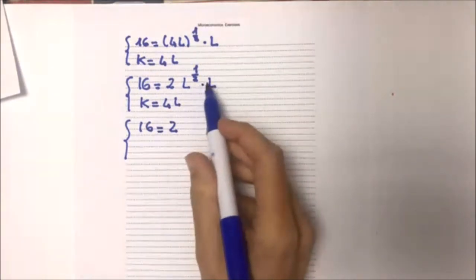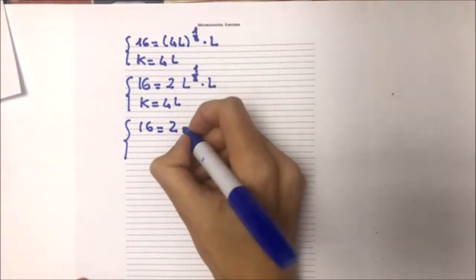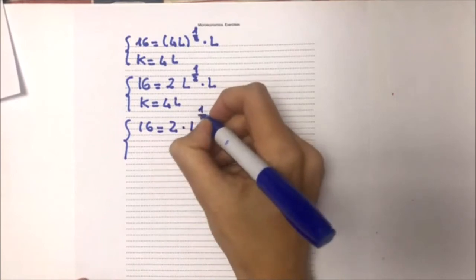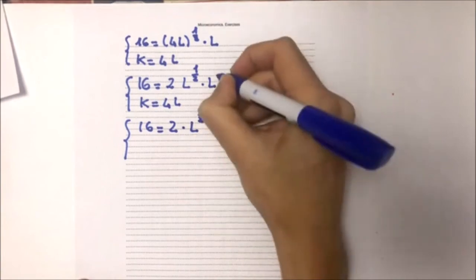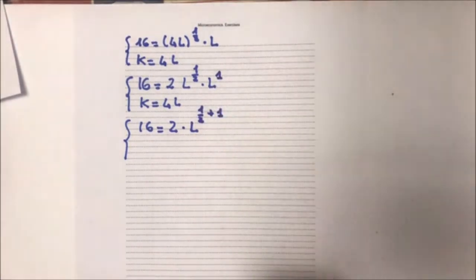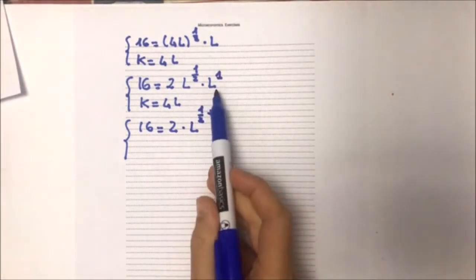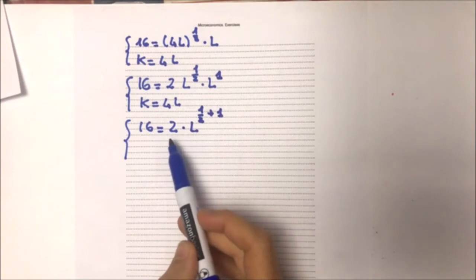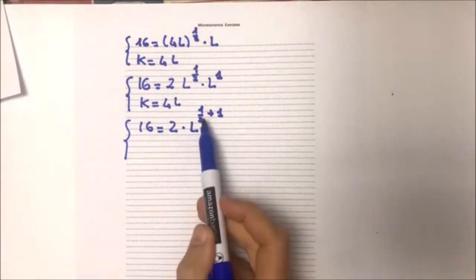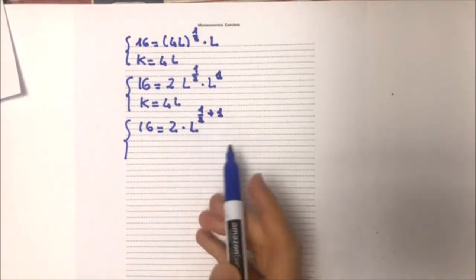So we can sum up the exponents. And so we have 2 times L to the power of 1/2 plus 1, because it is as if L here is at the power of 1. So we can write 16 equal 2 times L to the power of 1/2 plus 1.